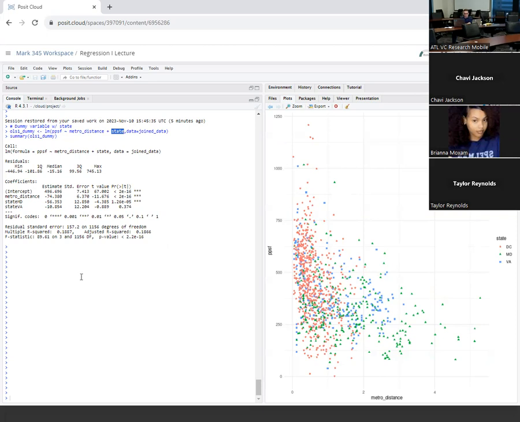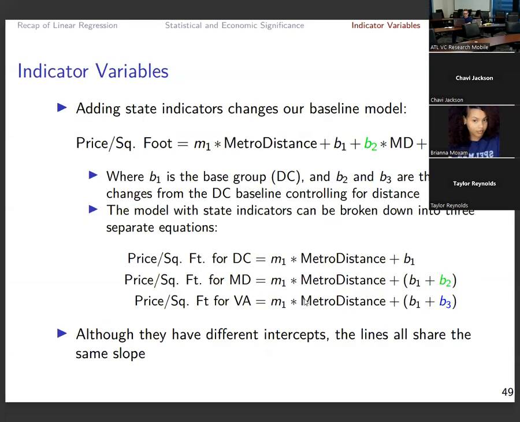Now the next question is, what about this coefficient for the state of Maryland? This minus 56. Brianna, how would you interpret that coefficient of minus 56? Let's do this.